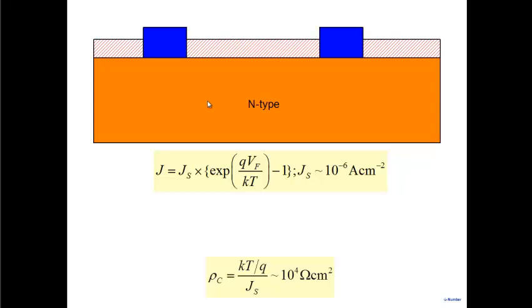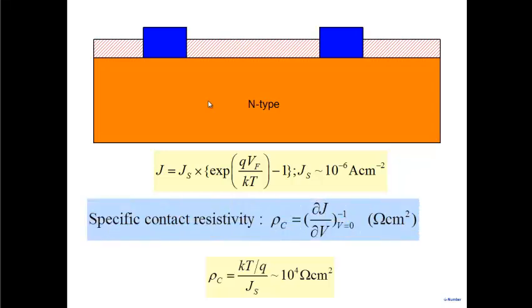So in that case, we have seen earlier that for current flow, for a contact, one of the important properties is the contact resistivity. We started a discussion in metal semiconductor contacts by defining contact resistivity, and we defined it as rho_c = (dJ/dV)^-1 at V equal to 0 here. And we said we want very low values of this contact resistivity.